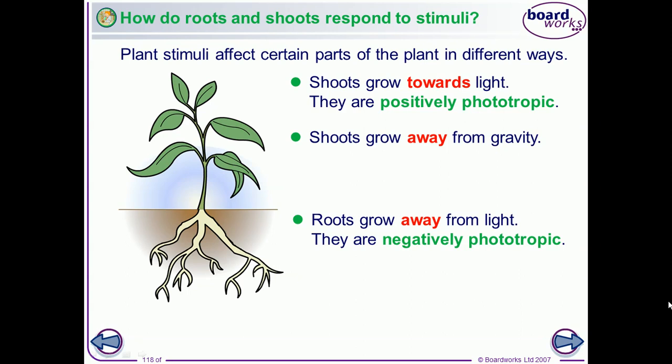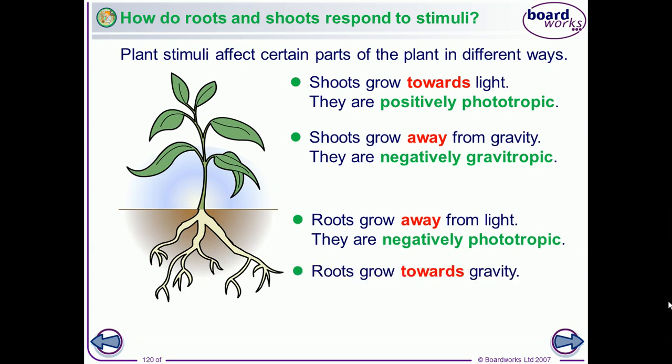So shoots grow away from gravity. That means they are negatively gravitropic or negatively geotropic, and then roots grow towards gravity. They are positively gravitropic.